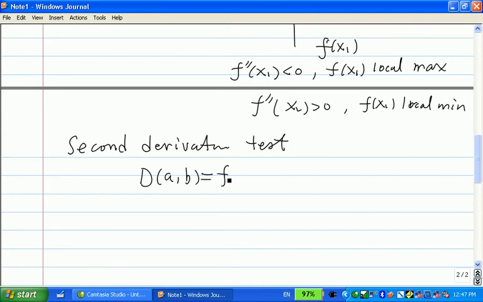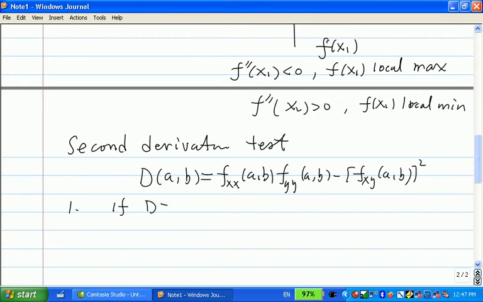It is defined as f_xx(a,b) f_yy(a,b) minus f_xy(a,b) squared. Okay, first of all, we have this quantity D. You need to find that out.